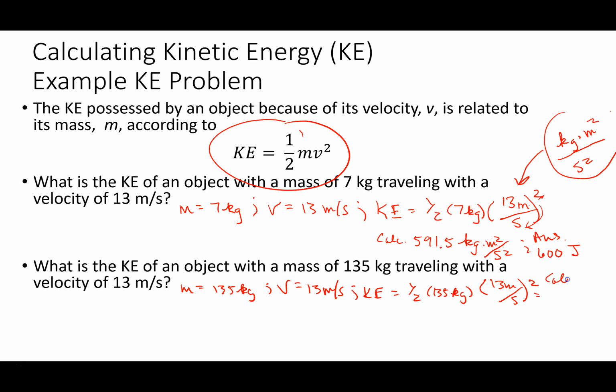What my calculator displays is, wow, I got 11407.5, and I'll go ahead and do joules. Cool. So what should my answer be then?